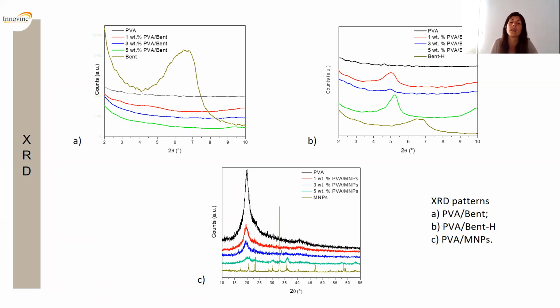So we can say that the PVA chains are integrated into the clay structure. And then we finally have the X-ray diffraction plot for the magnetic nanoparticle-containing materials, and we can see the peaks corresponding to an iron oxide mixture. In all cases, we observe the semi-crystalline peak of PVA near 20 degrees.